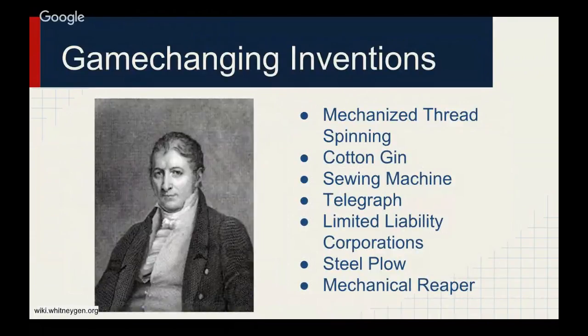Just to give you a real quick idea of the impact of inventions during this era, in the decade of the 1790s, only 300 patents were actually taken out by American inventors, in the first decade that our nation existed under the Constitution.